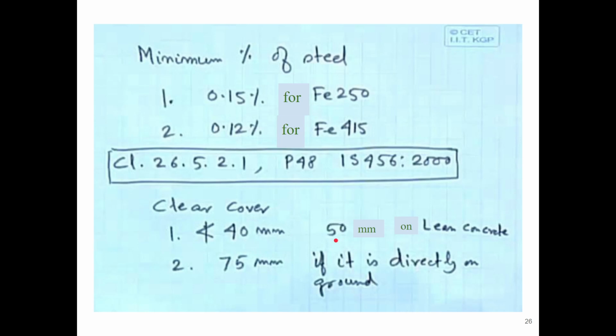That is the minimum value, but in case of lean concrete it should be 50 millimeter, and if the footing is directly on the ground, it should be as high as 75 millimeter. Those are some of the criteria. It is better to go for a higher value. So it should never be less than 40 millimeter; if it is lean concrete, 50 millimeter, and if it is directly placed on ground, even higher, about 75 millimeter.